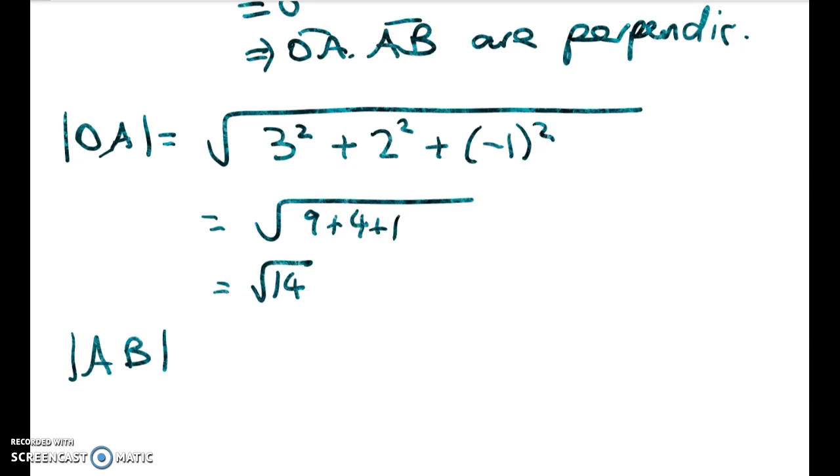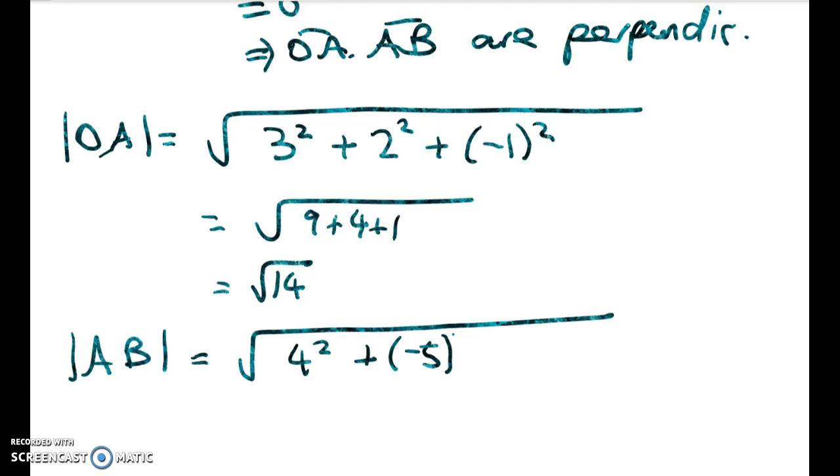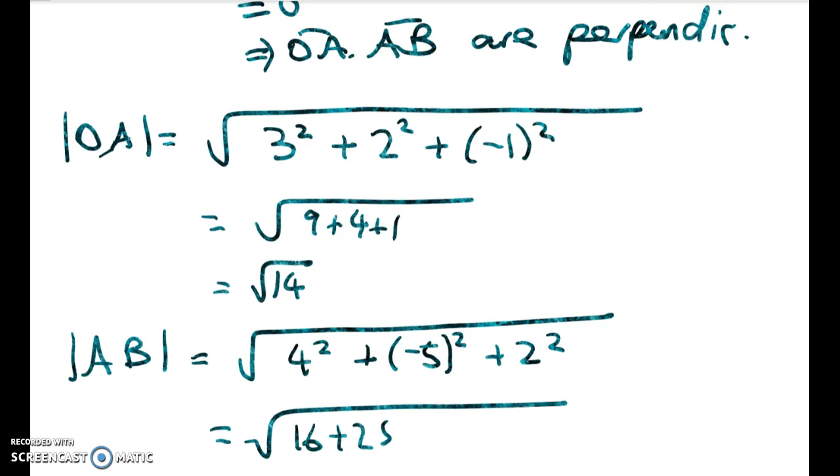What about the magnitude of vector AB? Magnitude of vector AB is going to be 4 squared plus negative 5 squared plus 2 squared, which gives me 16 plus 25 plus 4.